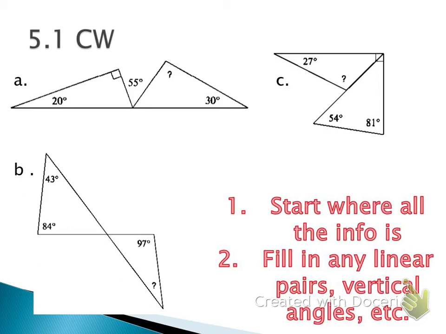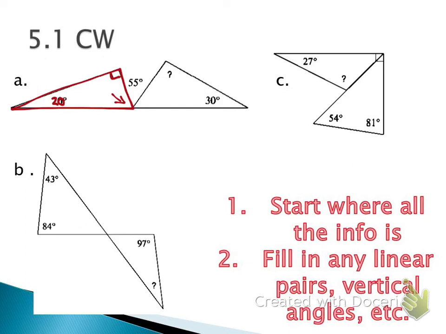You're going to start where all of the information is, and then you want to move the information towards the question mark. So where is all of the information in A? Is it on the right side, the middle, the left side? It's on the left, right? We got a 20, we've got a 90, and they are inside of a triangle. So we can find this angle to start so that we can keep moving information towards the question mark.